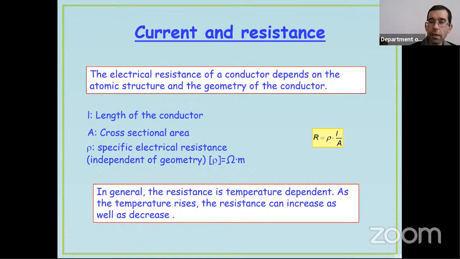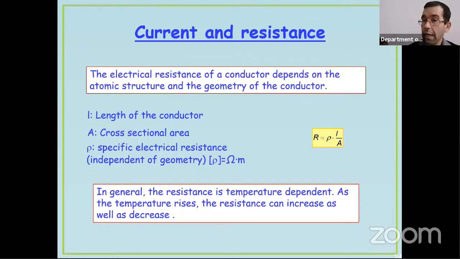Now we can determine what influences the ohmic resistance of materials. If we have a piece of metal, then it's easy to realize that the resistance is directly proportional to the length of the conductor, and it's inversely proportional to the cross-sectional area. If we have a proportionality, then we easily realize that there is a factor of proportionality.